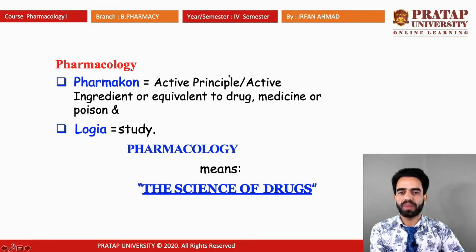The other things added to the drug to increase solubility, or to impart color to that drug, are called excipients, like titanium dioxide, the coloring agent that is used. That is an example of an excipient. And logia means study, so in this subject we study the active principles, their effects, their uses, etc. In simple terms, pharmacology is the science of drugs. It is the study of drugs.